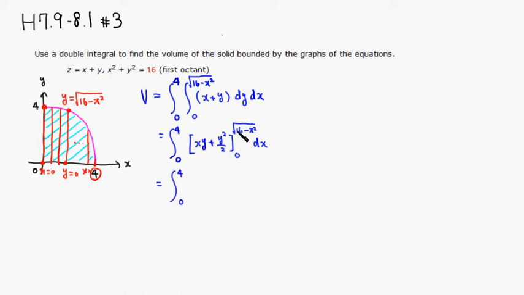This is y, so plugging in, you get x times the square root of 16 minus x squared. And plugging in here, you get 16 minus x squared over 2, with respect to x.